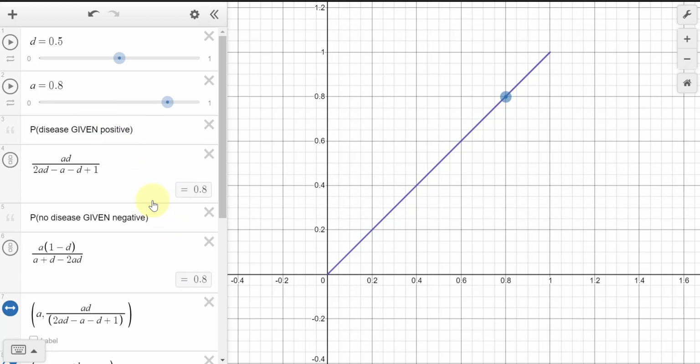I don't know if I would have really recognized that if I didn't have this animation to see that. And of course, the chance that you don't have the disease if you test negative is also exactly the same as the accuracy of the test. So that's a neat little discovery that I can just visualize.